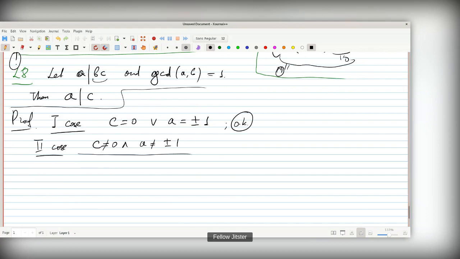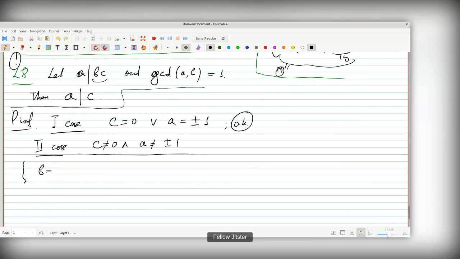Why is it important? Because I want to factorize all the numbers here. But I cannot construct a prime factorization of 0. Hence, I want to make sure that my numbers are non-zero.